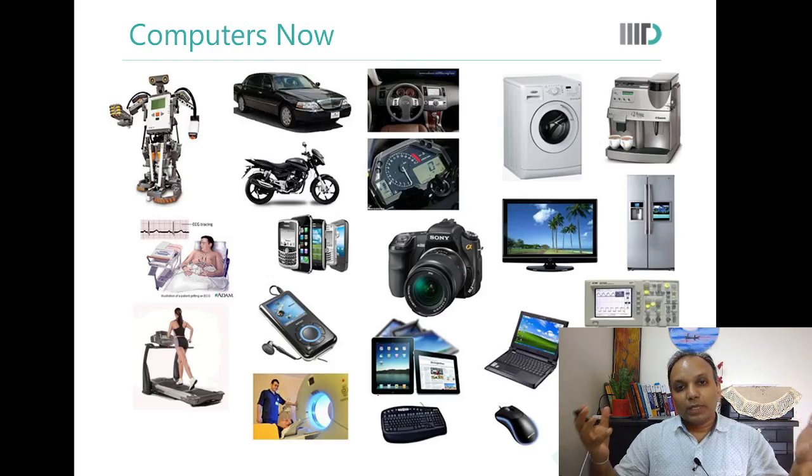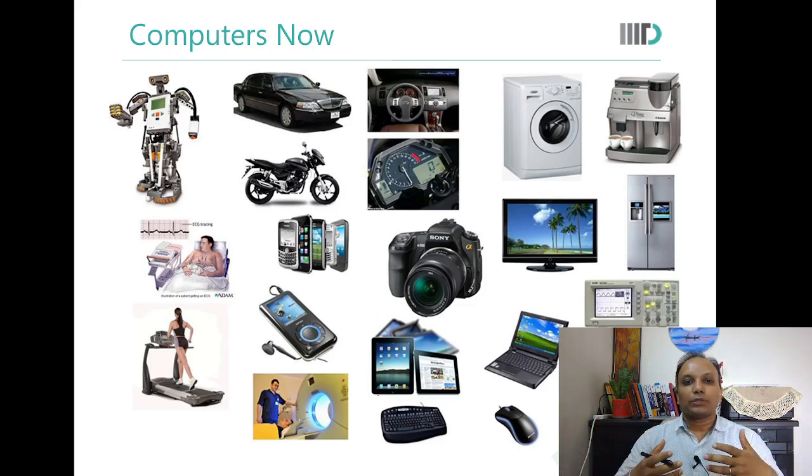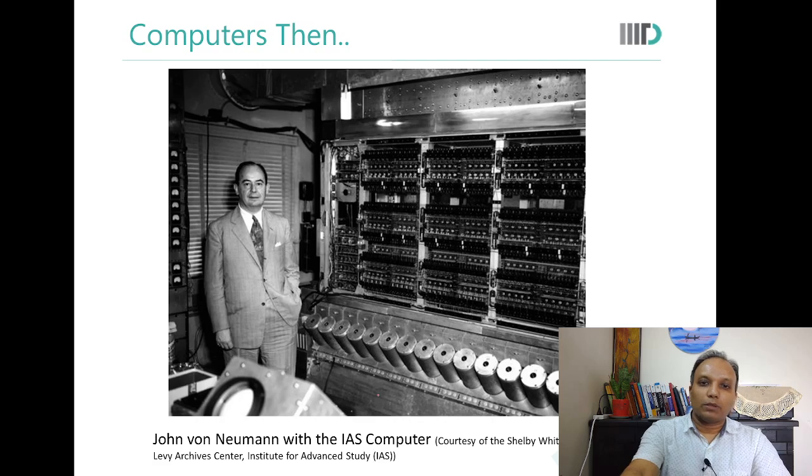We have autonomous vehicles which have a lot of computers in them, we have medical devices, we have home appliances, we have, you name it, almost everything has some computer in it, and they come in different sizes, different form factors, used in completely different applications, different environments, etc. So, how could we reach from this point to this point?